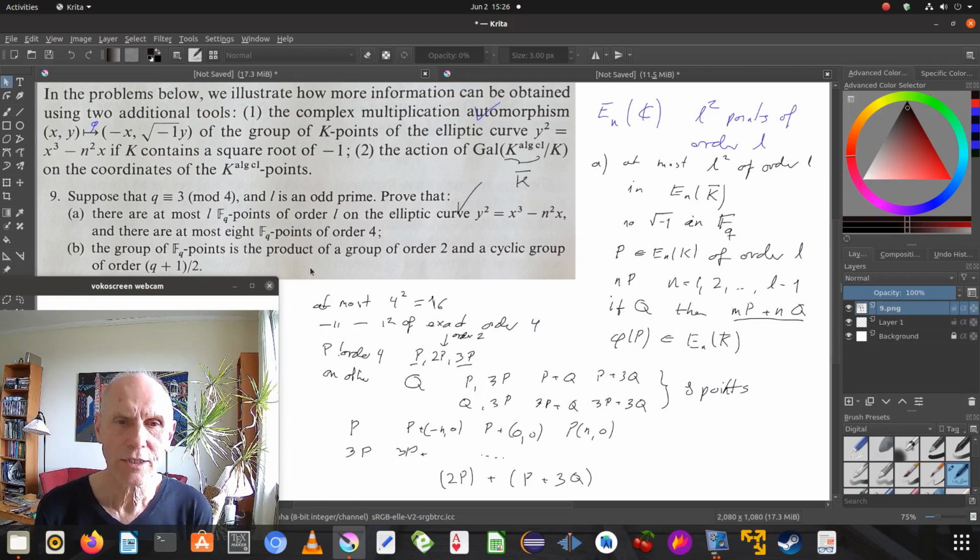Okay, next, we actually know there are exactly q plus 1 elements in the elliptic.